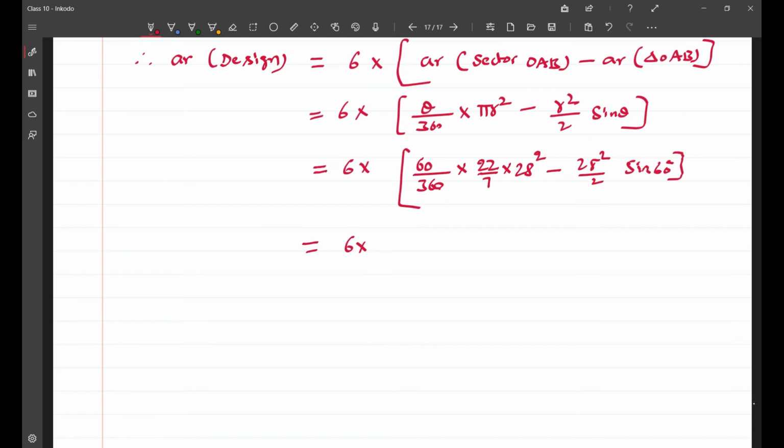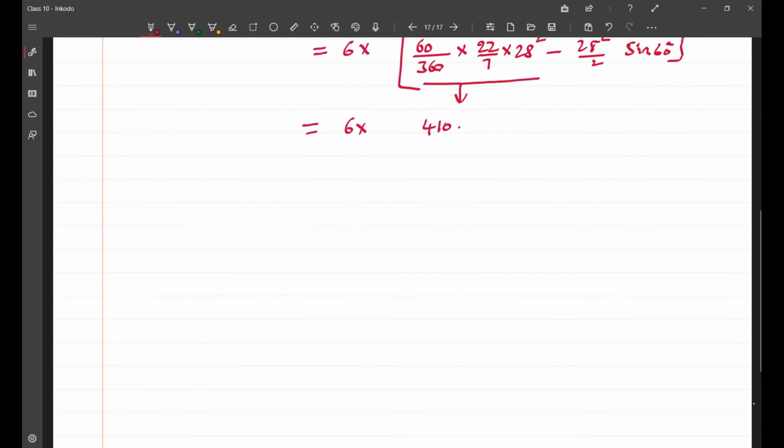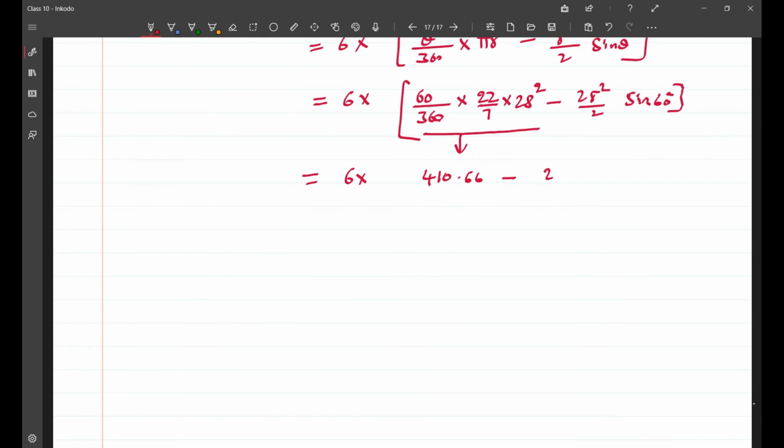Now if we do the calculations, then we'll get area of sector is equal to 410.66 minus 28 square by 2 sine 60, whose value is root 3 by 2.